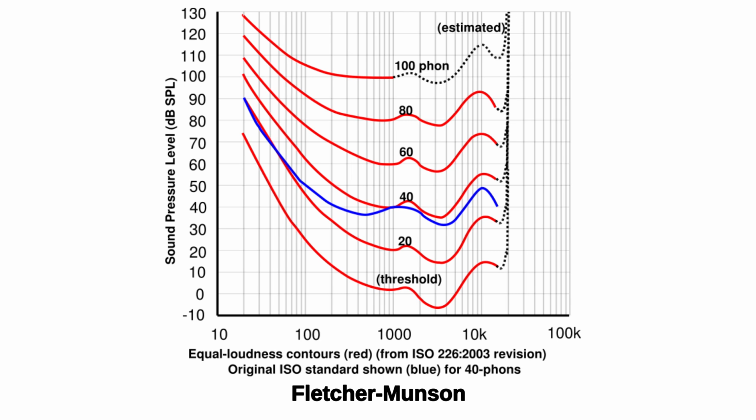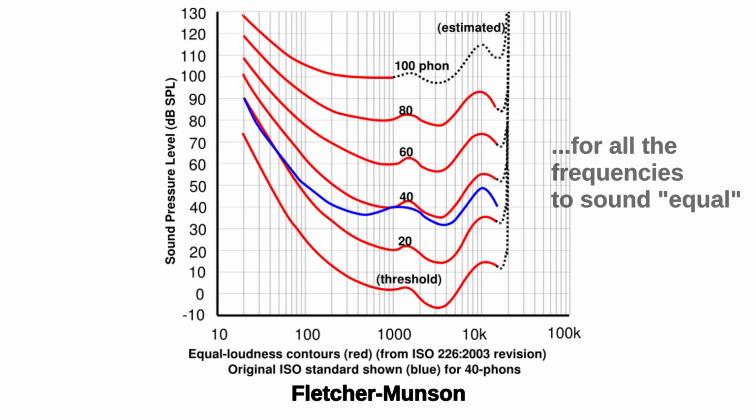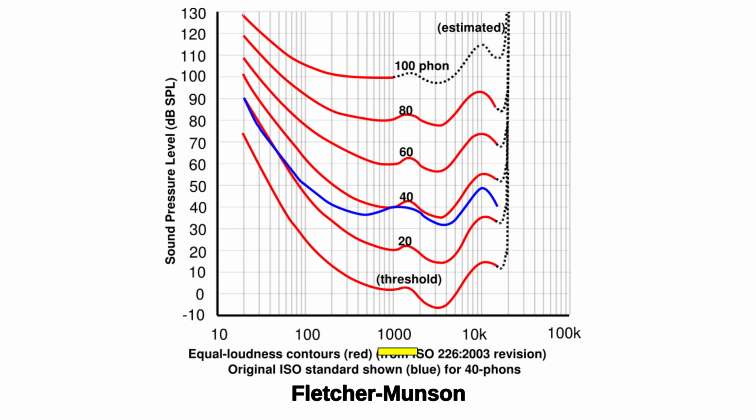And this curve shows you how loud something has to be for it to sound equal to other frequencies of what you're listening to. So for example, on the image, you'll see at 1,000 hertz, and if you go up to 40 phons on that, you'll see that it's right about, let's say, 40 dB.